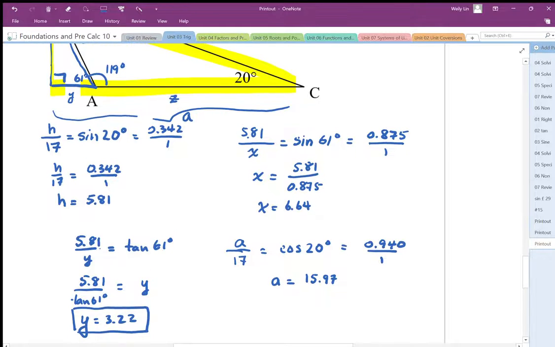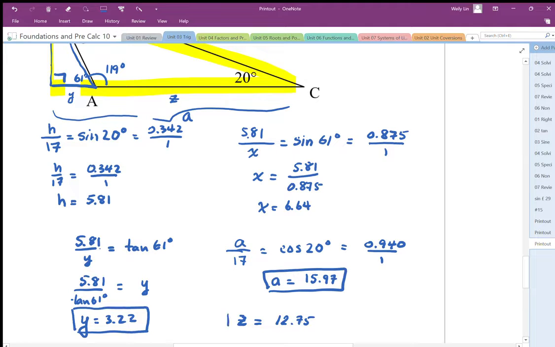Then using the length of A, I'm going to solve for the z length here, and the z length is just going to be the difference between A and y. So that leaves us with z equal to 15.97 minus 3.22, and that gives me a z length of approximately 12.75.